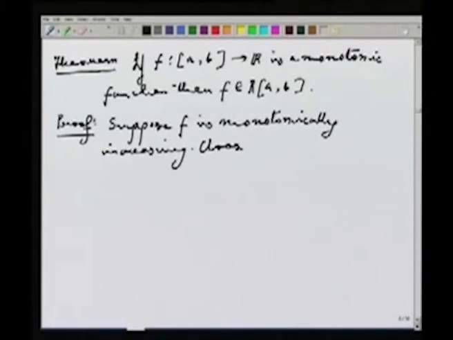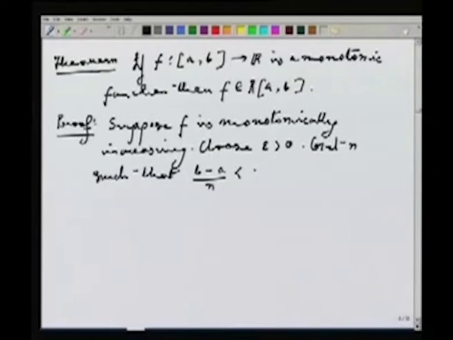That is, given epsilon bigger than 0, I will try to find a partition P such that UPF minus LPF is less than epsilon. So choose epsilon bigger than 0. Get n such that (b minus a) divided by n is less than epsilon.